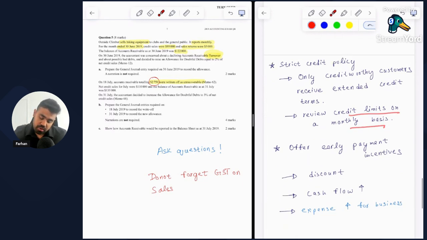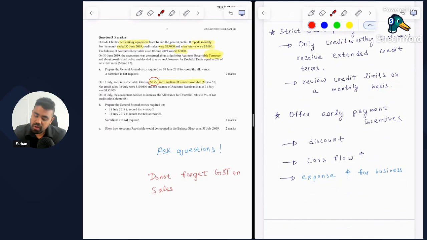Next, the next thing you can do is to offer early payment incentives, which refers to the discount. From our perspective, if we are the businessman ourselves, we want to get the money as quickly as possible from our credit customers, so we would want to offer them incentives, which is what we call the discount expense.